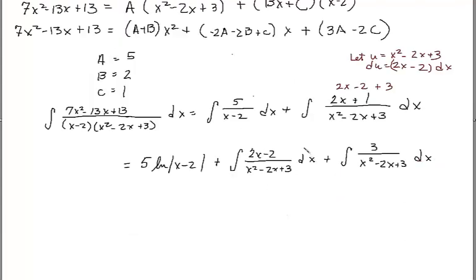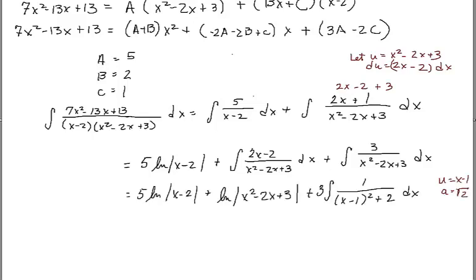Okay, I now have du over u on this second integral, which is just going to be a natural log, so that one's good. This one is not good. I'll need to complete the square so I can get some sort of u squared plus a squared, and then I'll be able to integrate that one. So I'm going to rig this second one. This second one is set up perfectly though.